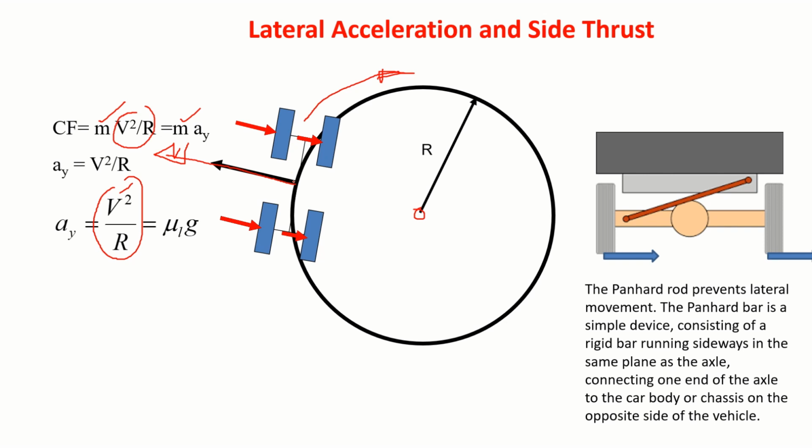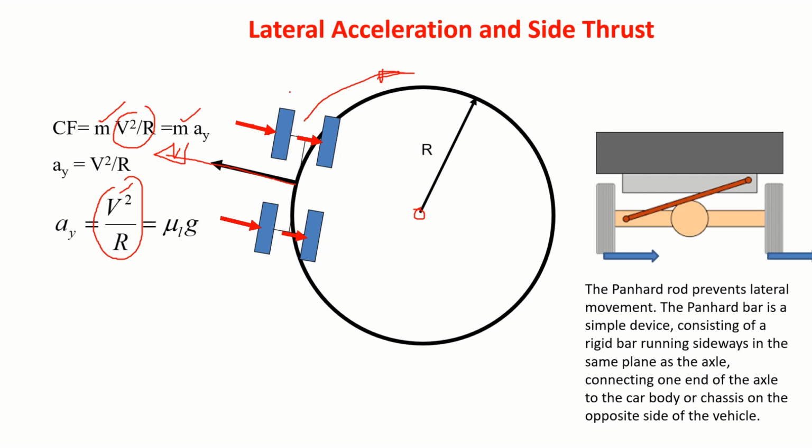So for this force, there should be a reaction. This is what we call it as the grip force. There will be lateral force acting on this. This is the coefficient of friction and this is acceleration due to gravity, between the wheel surface or tire surface and the ground. That is what exactly happens. As long as, you can observe over here, these lateral forces all depend on the load transfer.